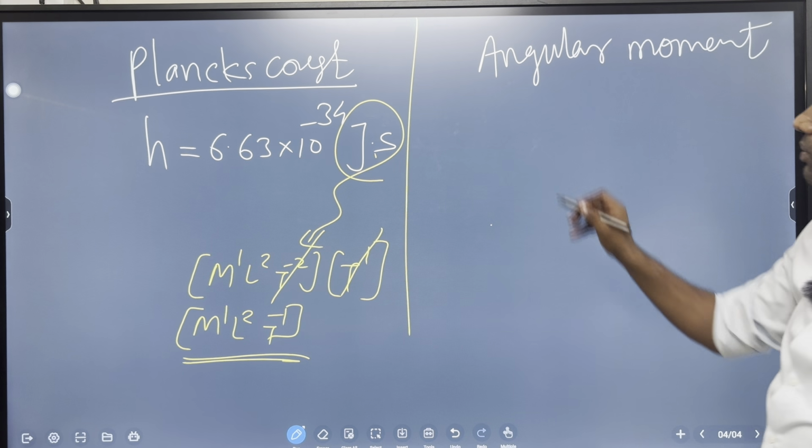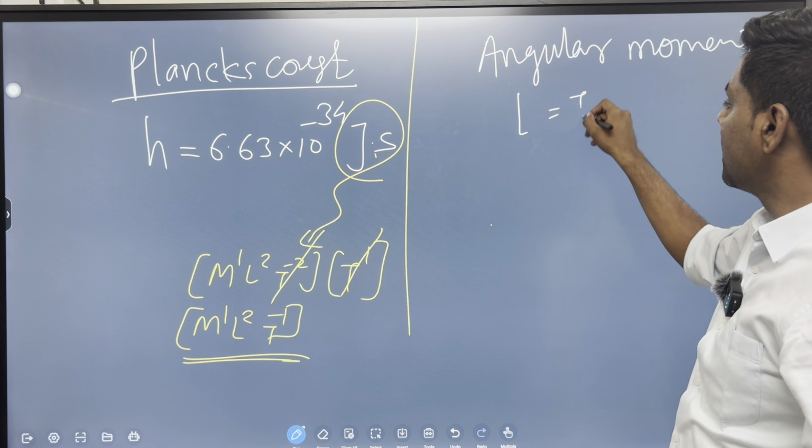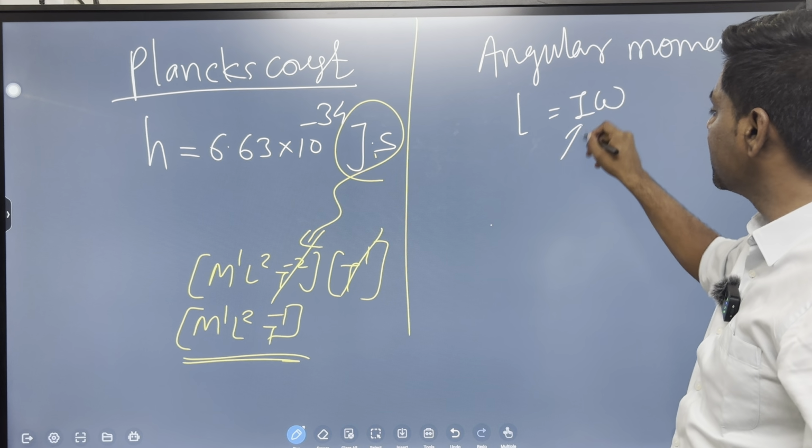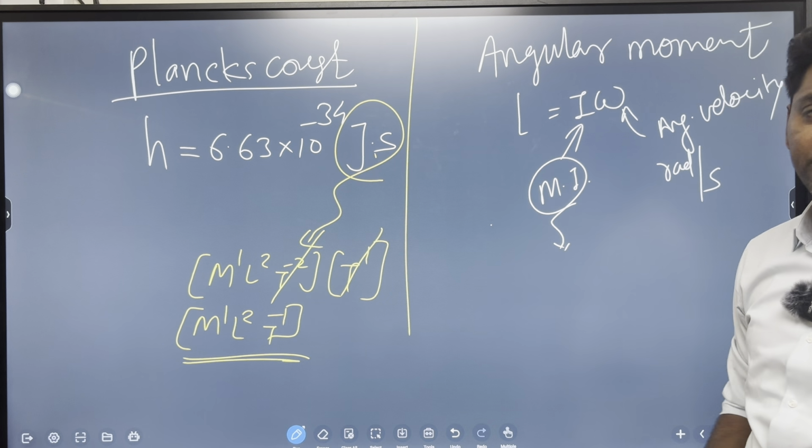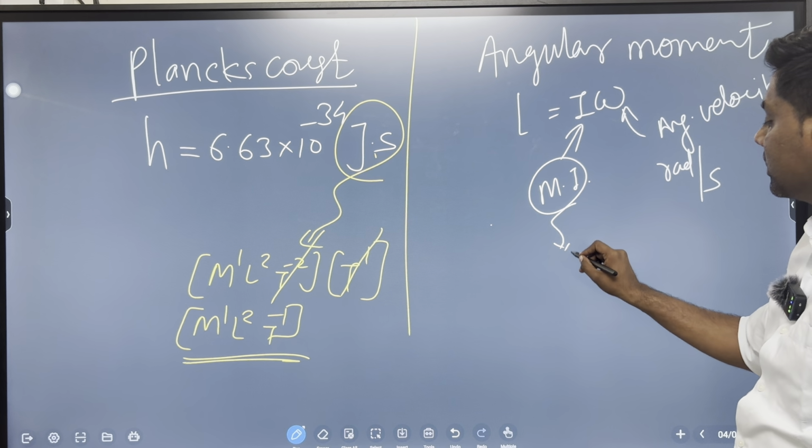Angular momentum is L equal to I omega. I means moment of inertia, omega means angular velocity. What is the unit of angular velocity? That is radian per second, and moment of inertia is kg meter square.